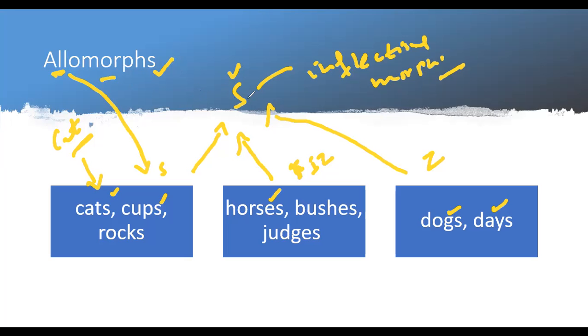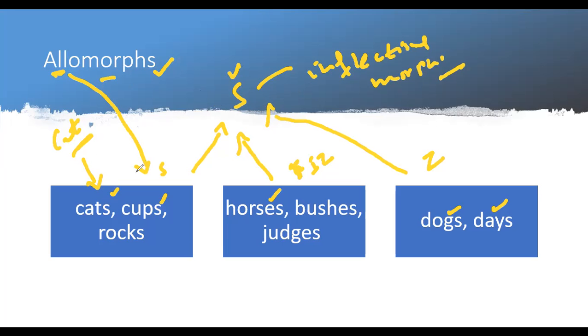So here "s" is a morph. Which morph? Inflectional morph. Why inflectional? Because when we add "s" to the free morph, it indicates that it is plural. It changes the grammatical meaning.